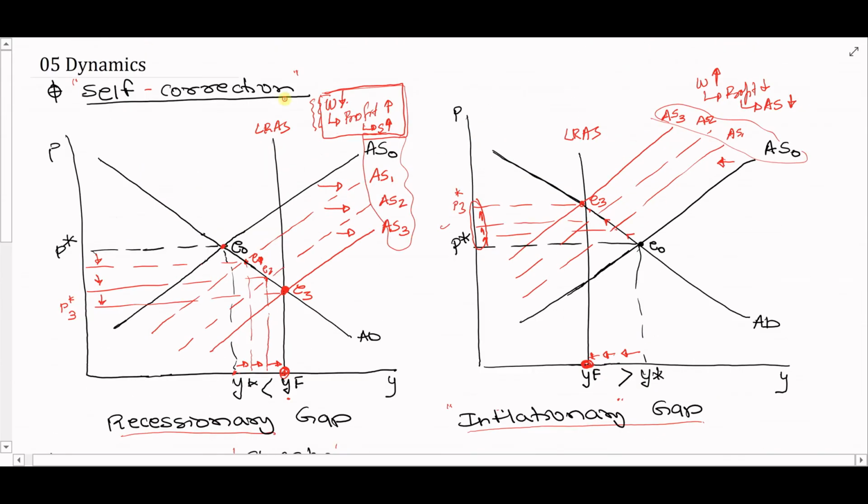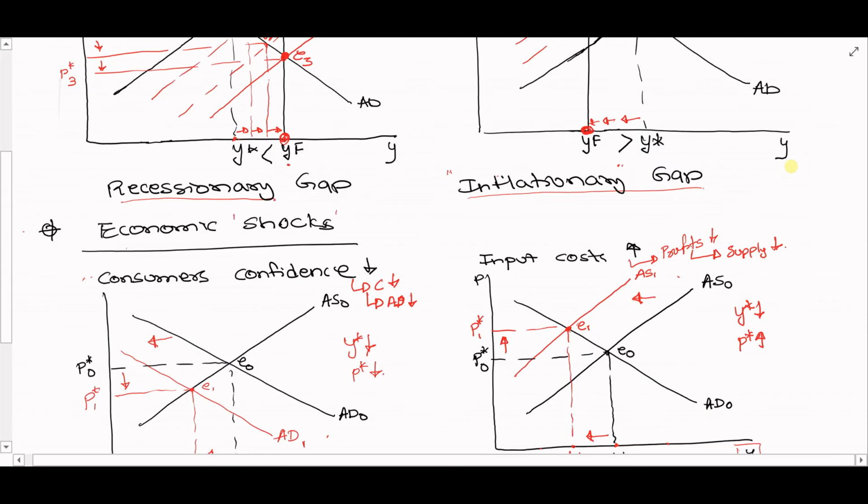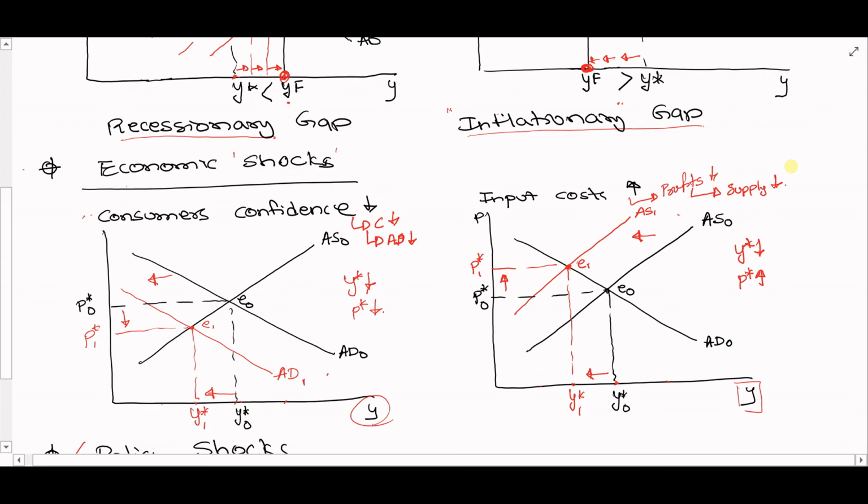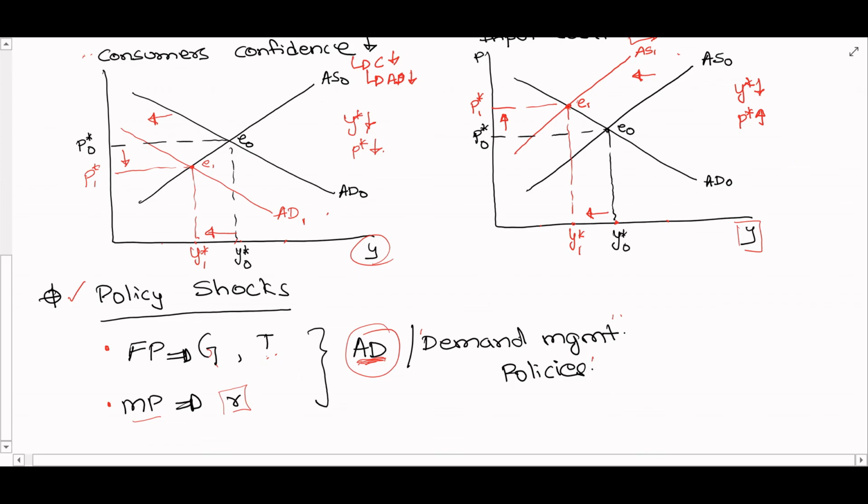And the self-correcting mechanism will always work through aggregate supply, because it's through the supply forces that you correct from Y star, your gap situation, to a no gap situation. Okay, so the self-correcting mechanism is through aggregate supply. Economic shocks can happen to demand or supply, and policy shocks will mean it's about demand.